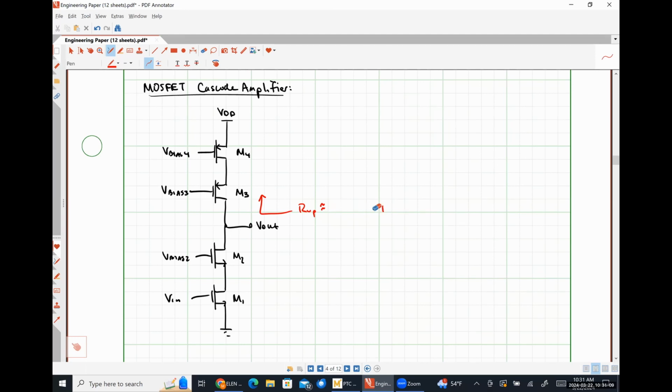Actually, r0_3 plus r0_4 plus gm3 r0_3 r0_4 should be the exact value, which will look like just gm3 r0_3 r0_4, since that's typically going to be much larger than r0_3 and r0_4 by itself.